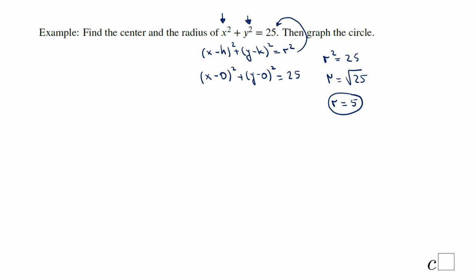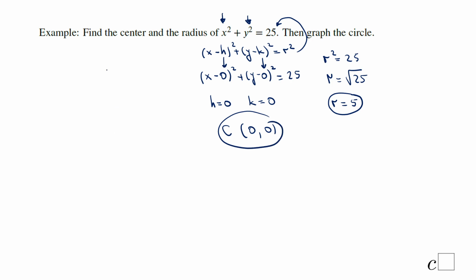So now we can look at these two forms and we notice h is 0, and obviously k is the same thing, k is 0. So the center of this circle is at 0 and 0. This is a circle with center at 0 and 0 and a radius of 5.